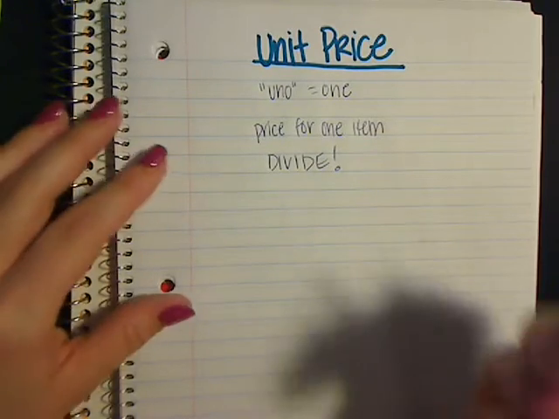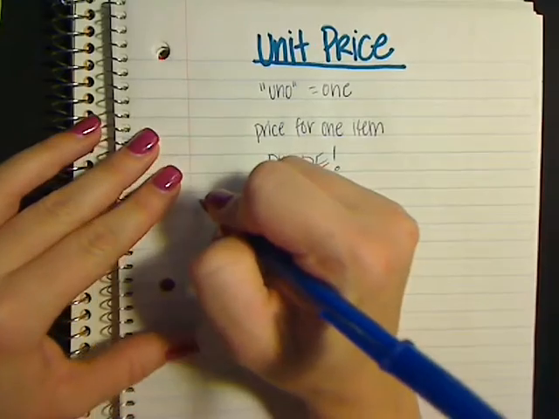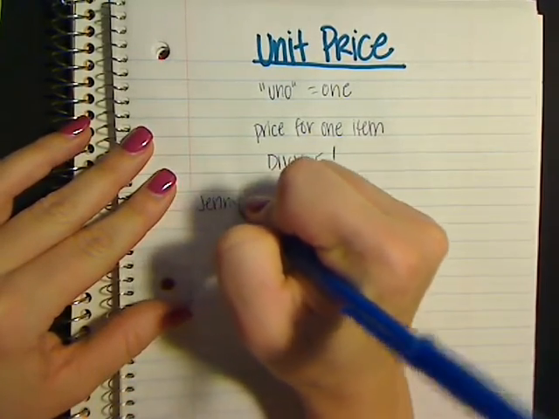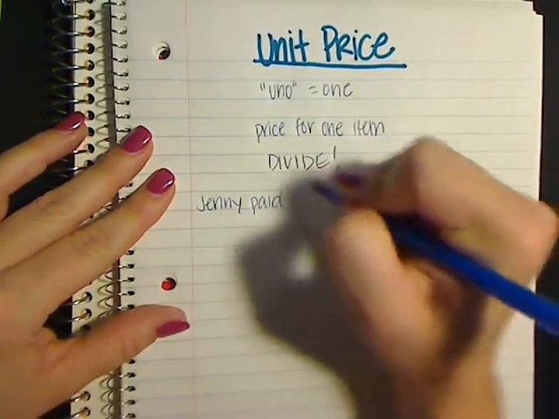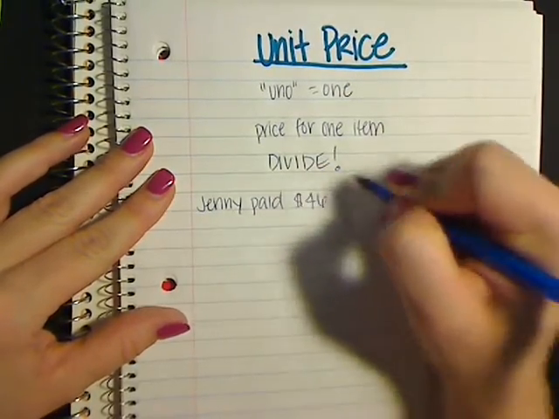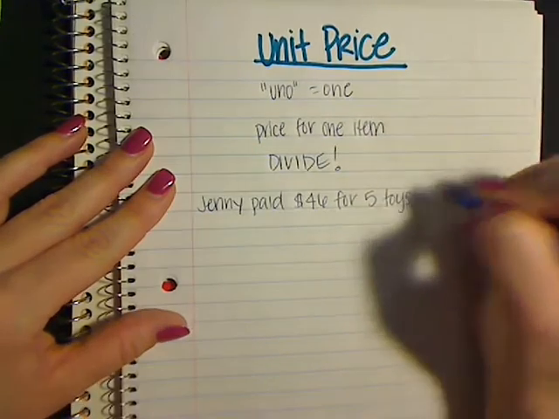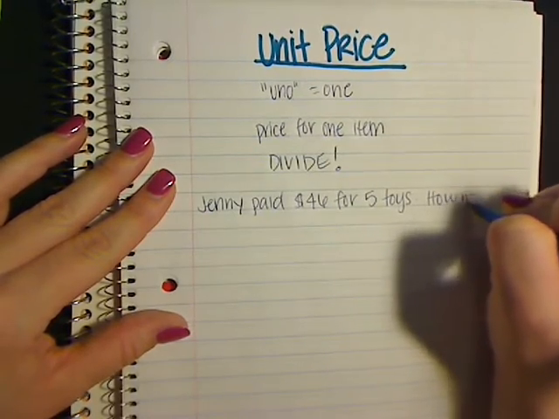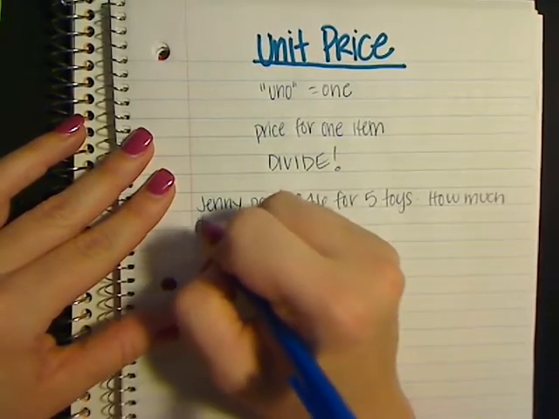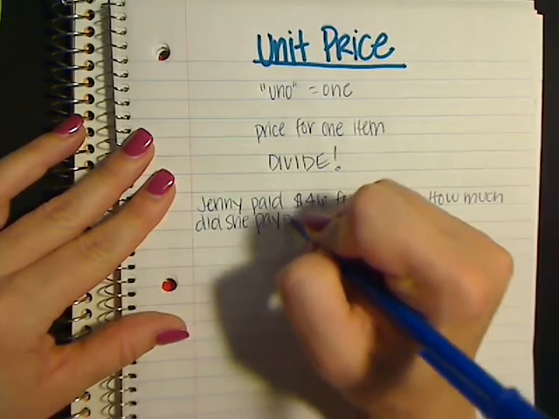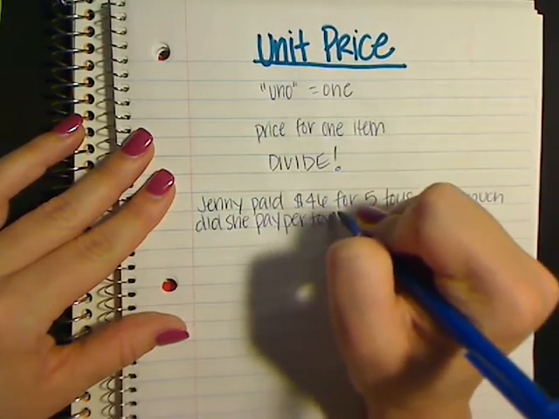Our first one is going to be: Jenny paid $46 for 5 toys. How much did she pay per toy?